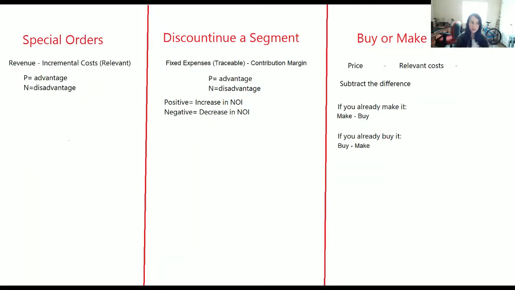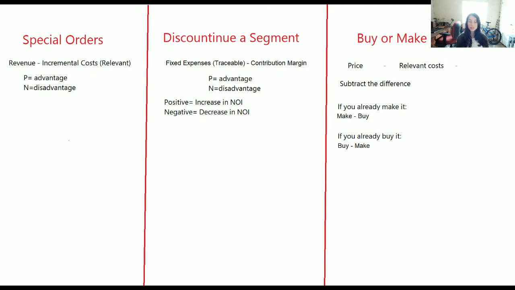For the special orders, basically what we're going to do is get the revenue for that special order and subtract the incremental cost or the relevant cost. So if the difference of those two is a positive number, that means it's an advantage. If it's a negative number, it's a disadvantage.